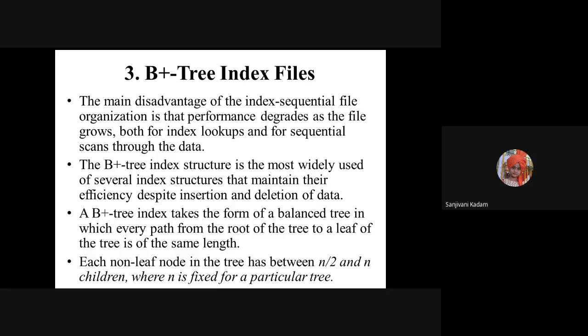So let us see what a B plus tree is. Here we have seen multi-level indices, and secondary, primary or clustering indices. The drawback of these index files is that whenever the record length goes on increasing, the performance of these index files goes on decreasing.